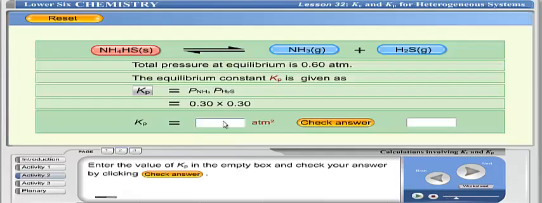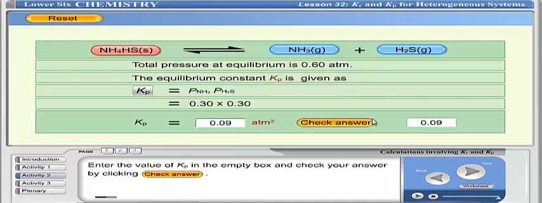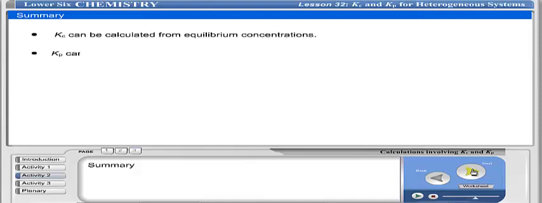Enter the value of Kp in the empty box and check your answer by clicking Check Answer button. Summary. Kc can be calculated from equilibrium concentrations. Kp can be calculated from equilibrium partial pressures.